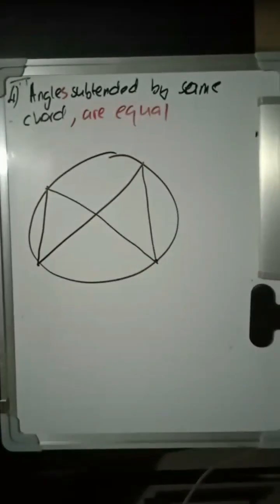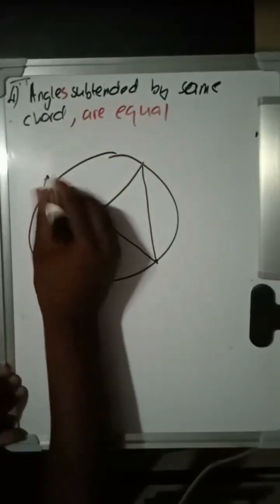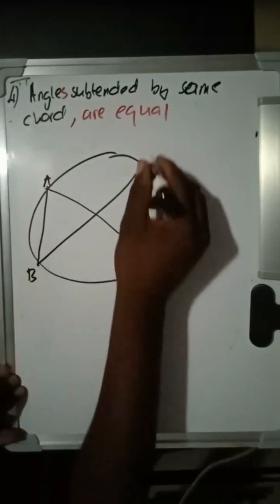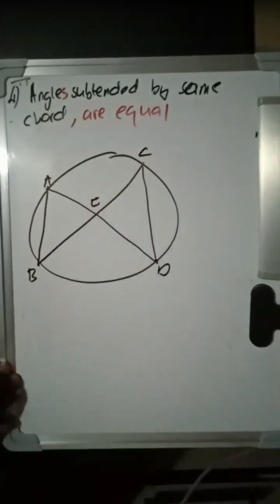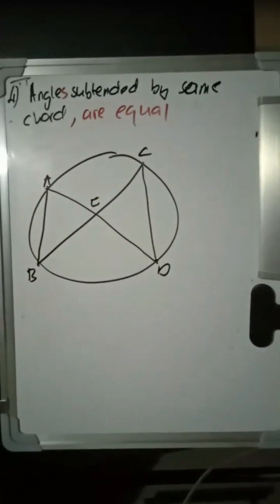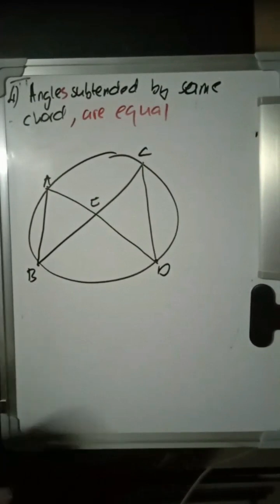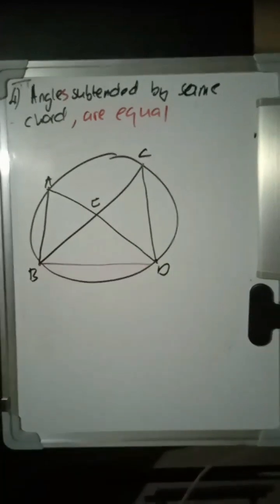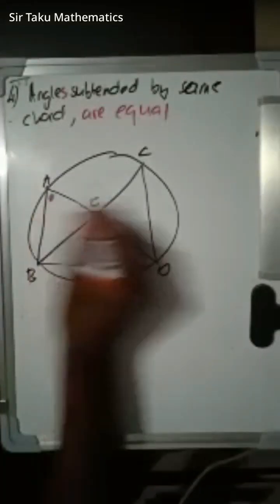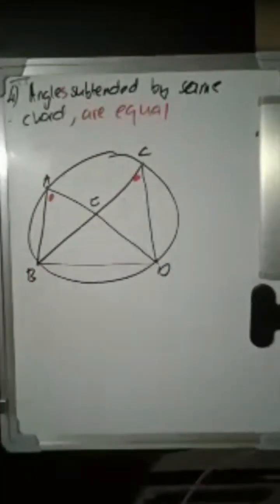Then we have angle A, angle B, C, D, and here you can say this is E. It means there are many angles that are subtended by the same chord. If I could draw the chord, I could draw it here. You see that one goes there, that one goes there. So this angle here and that angle are equal.